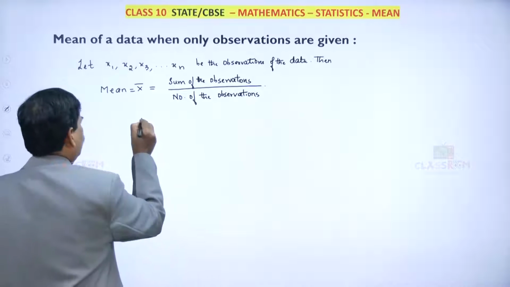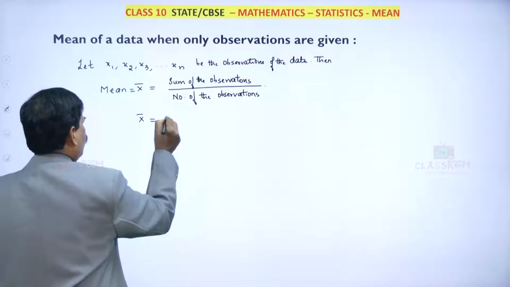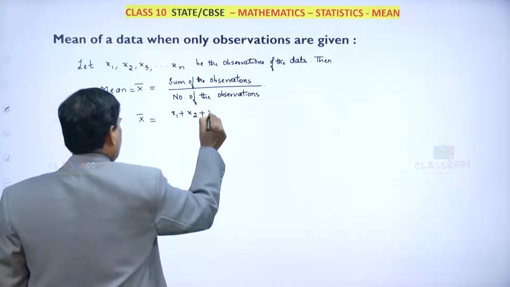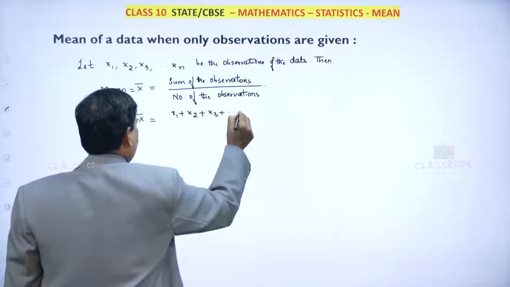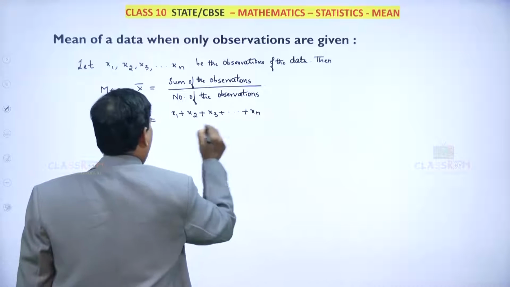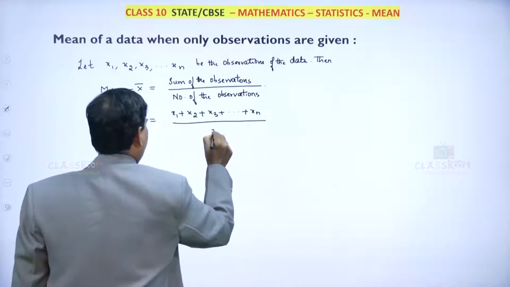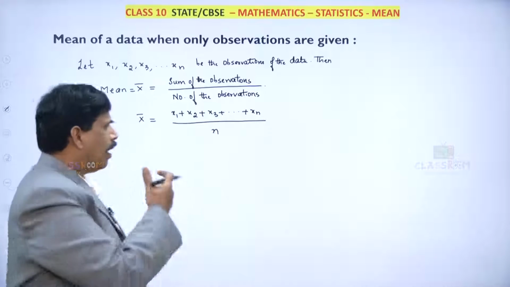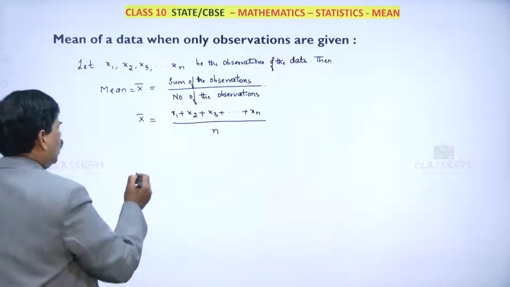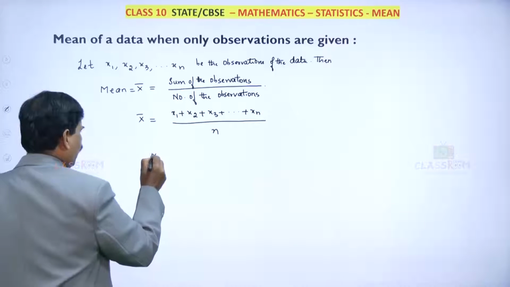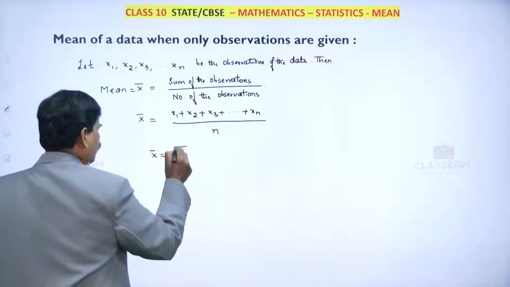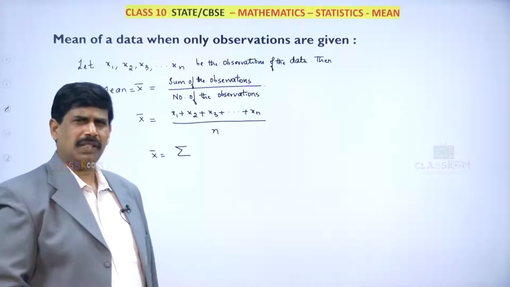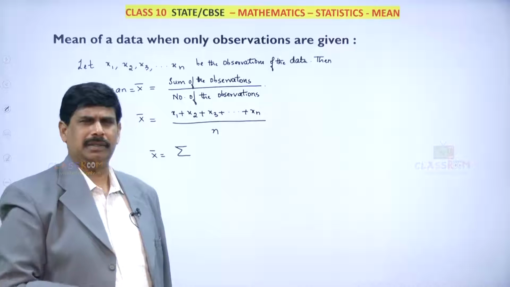That means x bar is equal to x1 plus x2 plus x3 plus so on xn by how many observations, children? We have n observations. If you represent this symbolically, this is sigma. Sigma stands for summation.